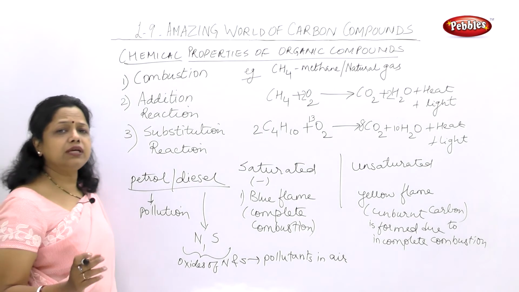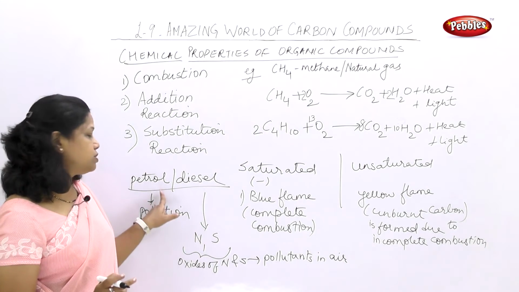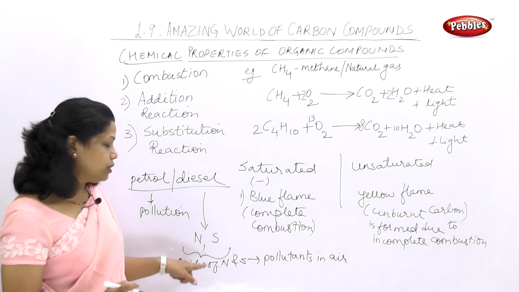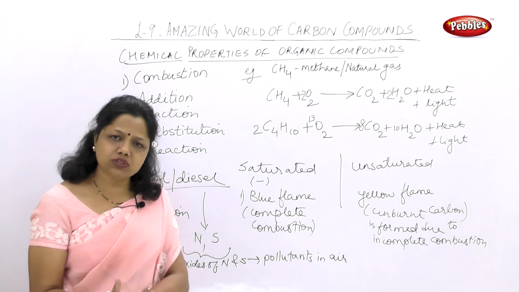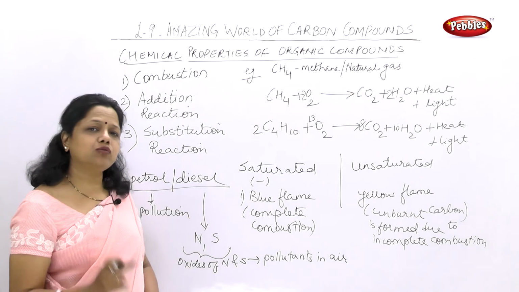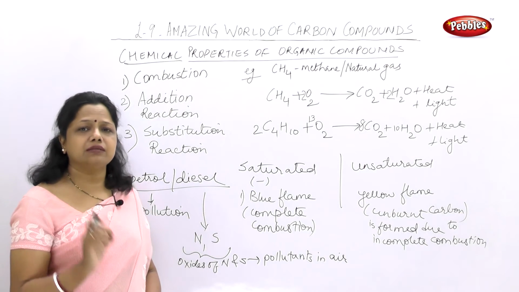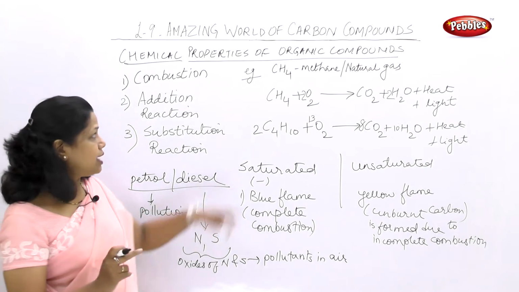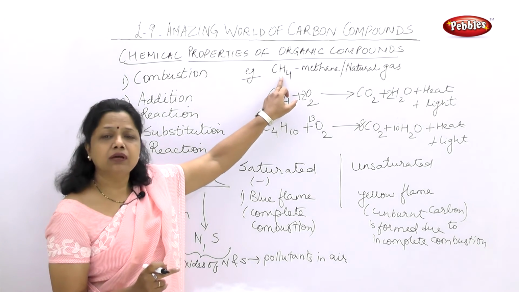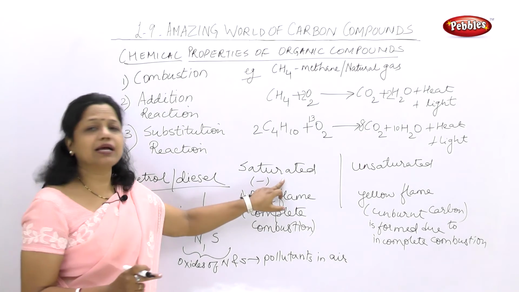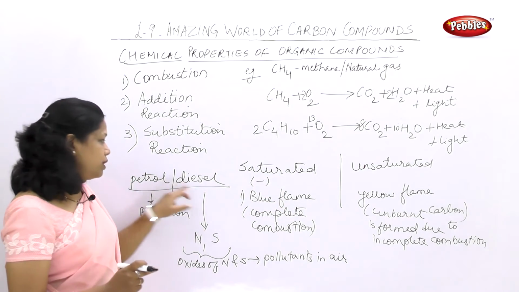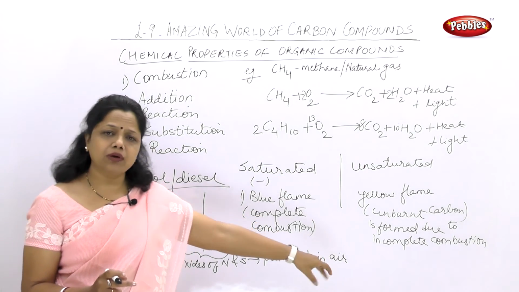And therefore we see that vehicles which use petrol and diesel produce a large amount of pollution in the air as compared to vehicles which use CNG. Now CNG is compressed natural gas, and natural gas, as I told you, CH4, is a saturated compound. And petrol and diesel are unsaturated compounds.